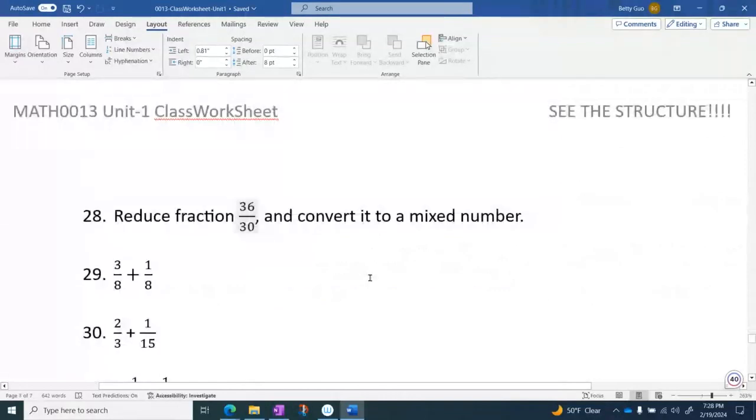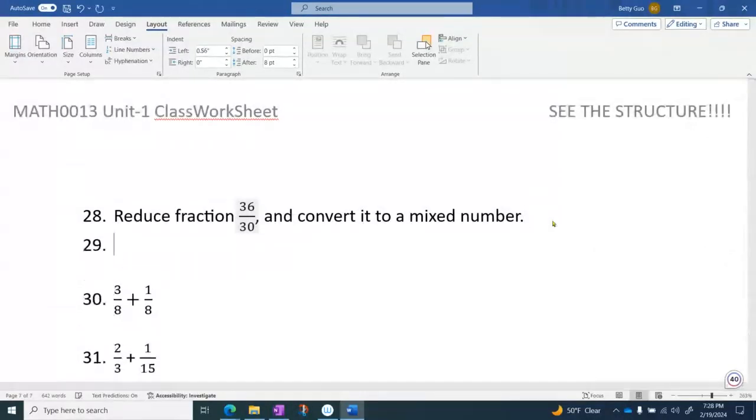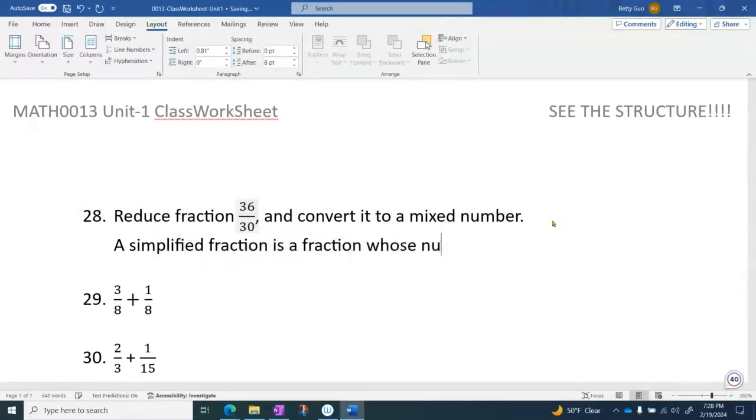Let's see, how do we reduce 36 over 30? When we say simplify or reduce something in algebra, we need to first understand the criteria. How reduced is reduced? How simple is simplified? A simplified fraction is a fraction whose numerator and denominator are co-prime.